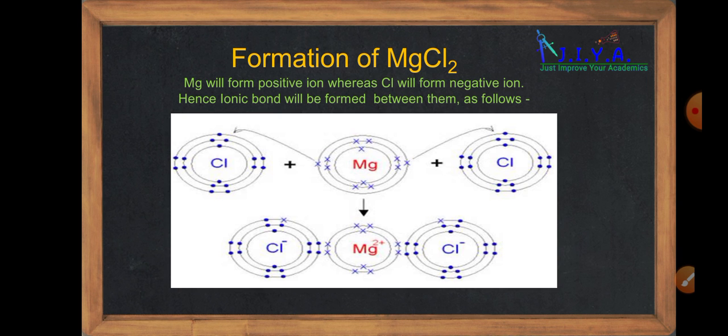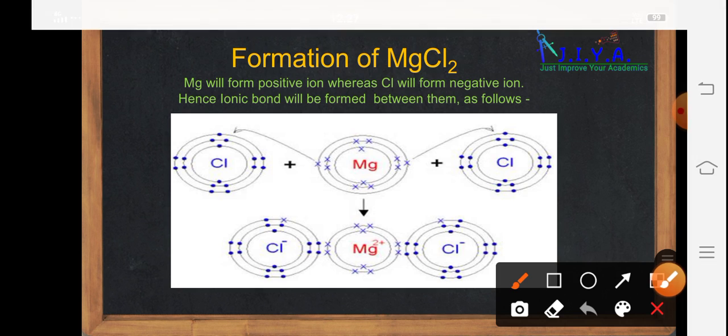Let us see how. Formation of magnesium chloride. Magnesium chloride is an ionic compound where magnesium is a metal and chlorine is a non-metal. Let us see the outermost configuration of magnesium in the figure. You can see that magnesium has 2 valence electrons in the outermost shell.